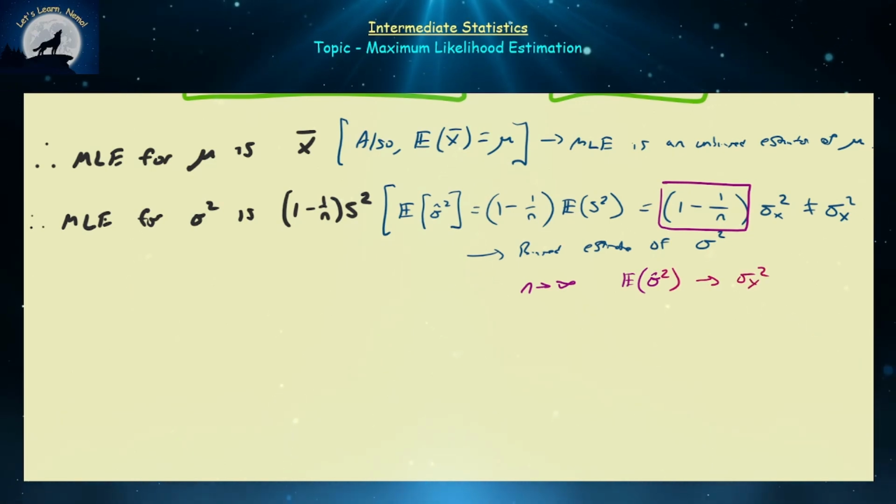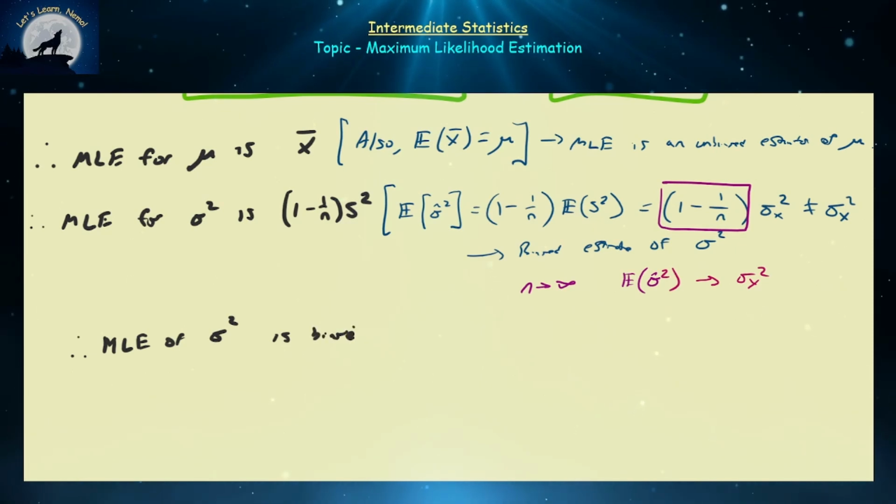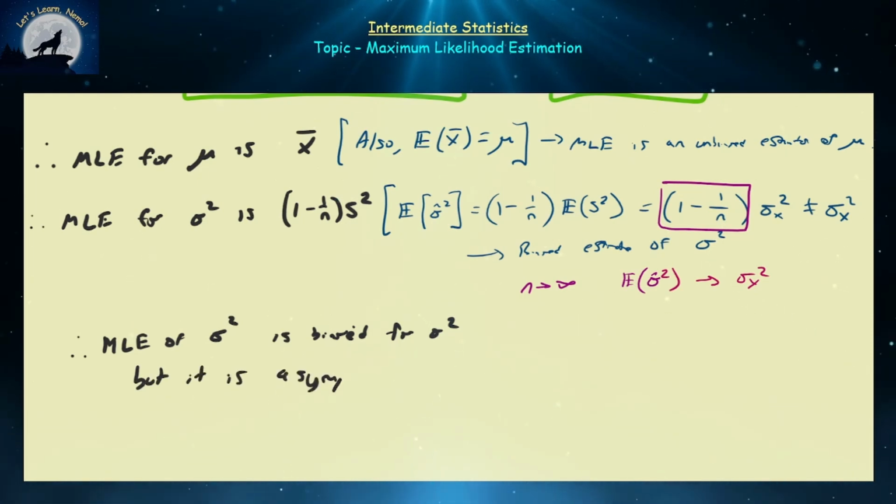So that means the maximum likelihood estimate of sigma squared for a normal sequence is biased for sigma squared, but it is asymptotically unbiased for sigma squared.